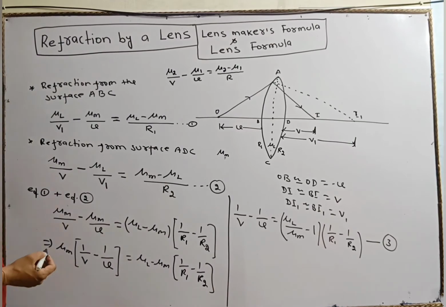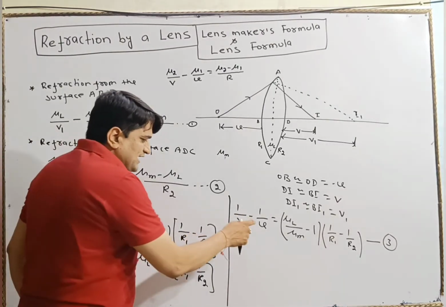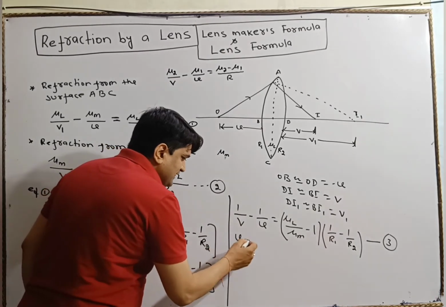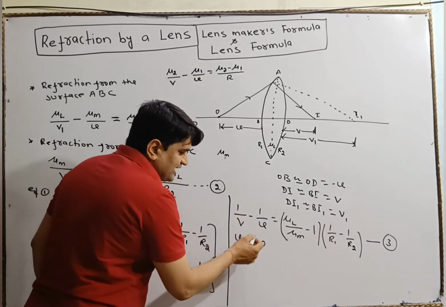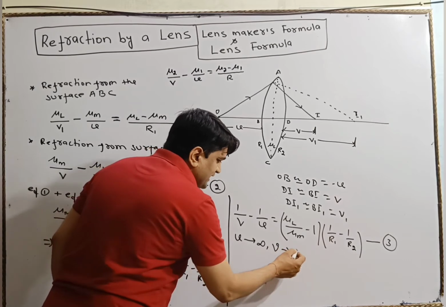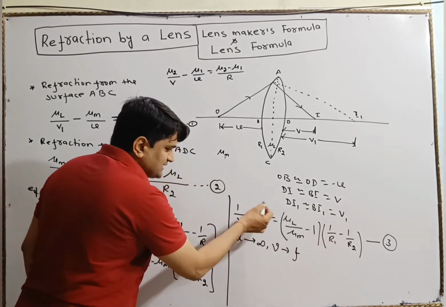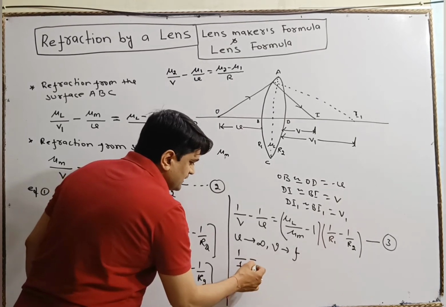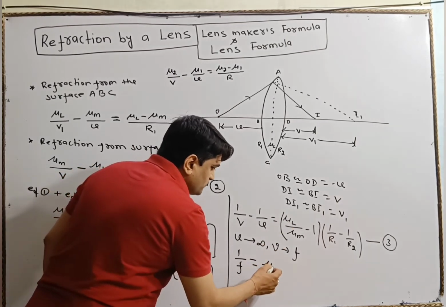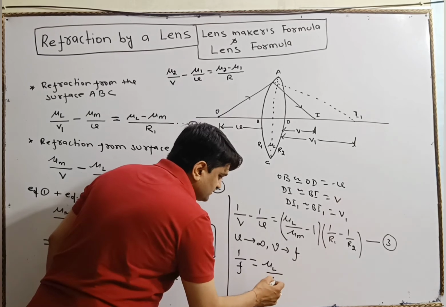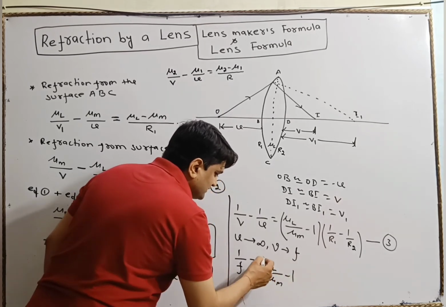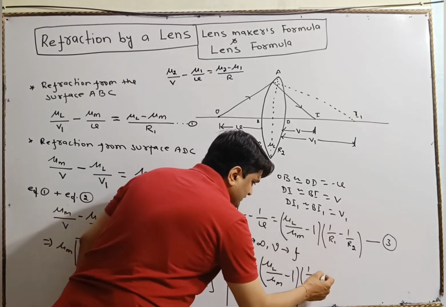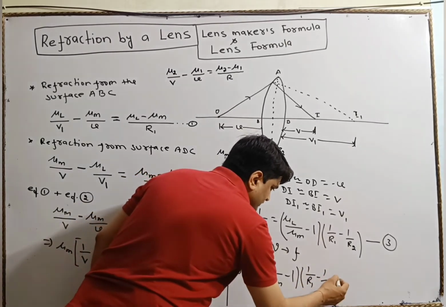Now, if I take the object at infinity, if I take U at infinity, then the final image will be formed at the focus. So this equation becomes 1 upon F equal to mu L upon mu M minus 1, times 1 upon R1 minus 1 upon R2.